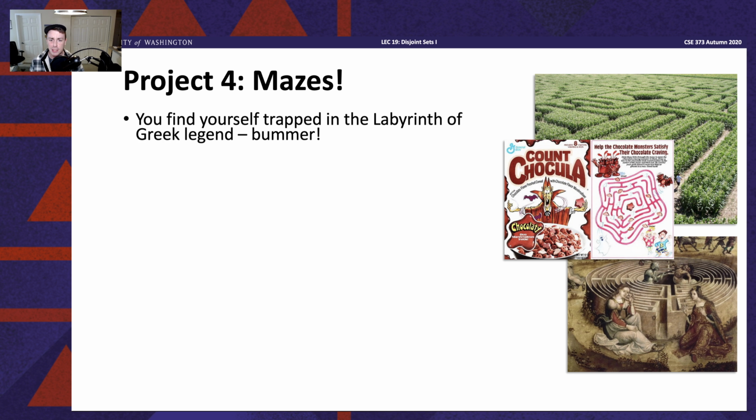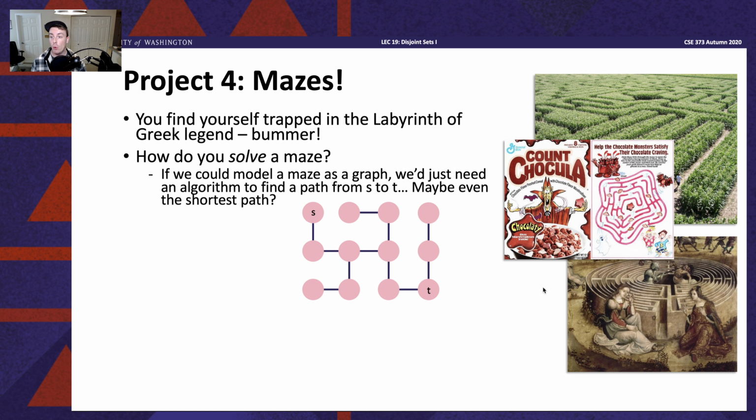I have some art down here of a Greek depiction of a maze, and I had to put this cute Count Chocula image in front of it because there's a pretty bloody scene in the background. So this is not your best day finding yourself stuck in this maze. So we're going to want to write an algorithm to help us get out of the maze. So part of your project 4 is, given a maze, how do you solve it? How do you get out?